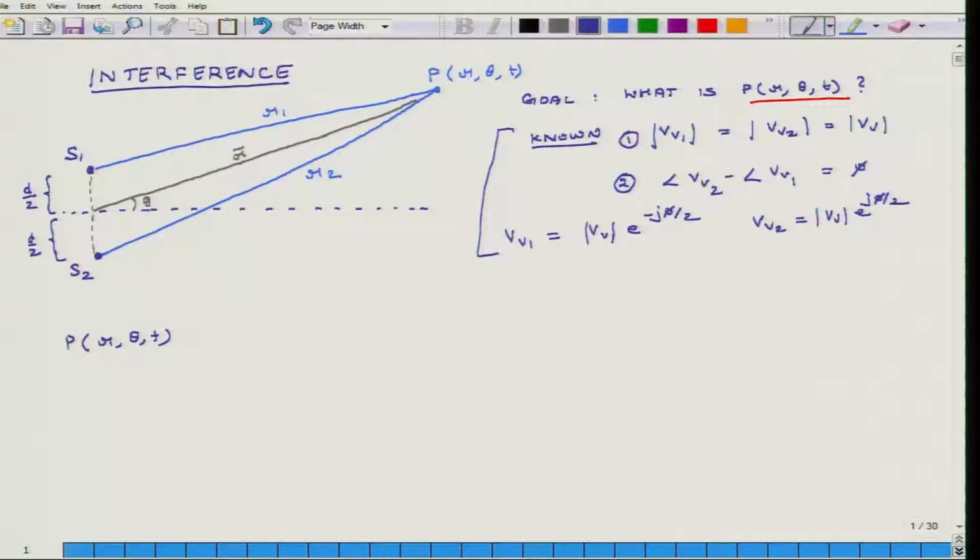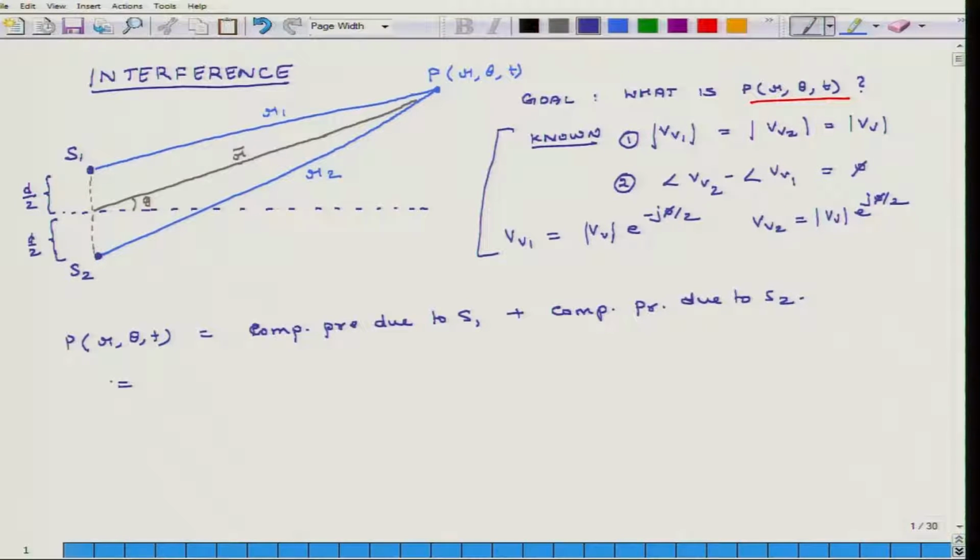So, complex pressure at point P is going to be complex pressure due to S1 plus complex pressure due to S2. So, we will write down each of these expressions.